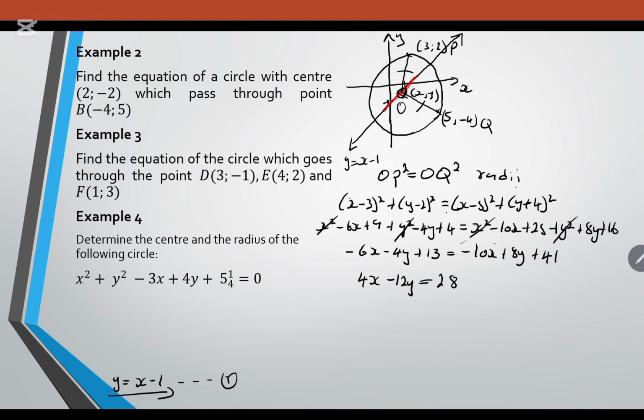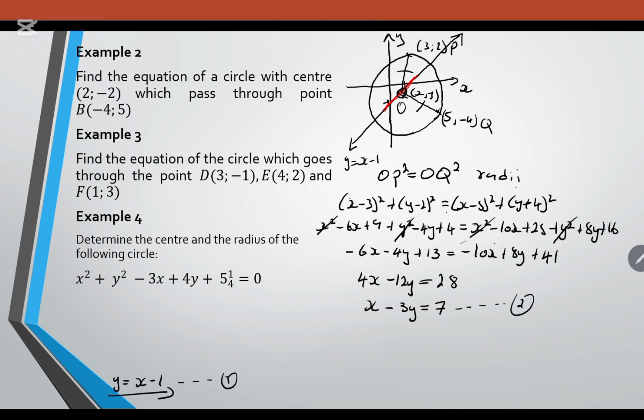And there is a common factor of 4 on all of them, so we simply say this will be x minus 3y is equal to 7. And this is our equation 2.